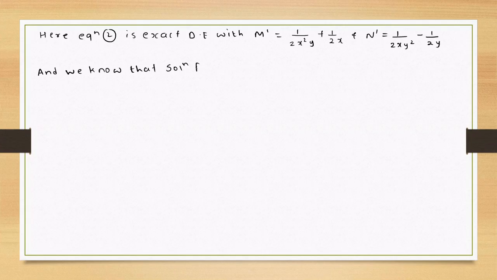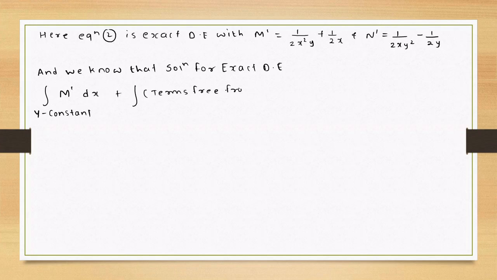And we know the solution for an exact differential equation. What is that? Integration of M dash dx, where y is treated as a constant, plus integration of terms free from x in N dash dy is equal to some constant c.